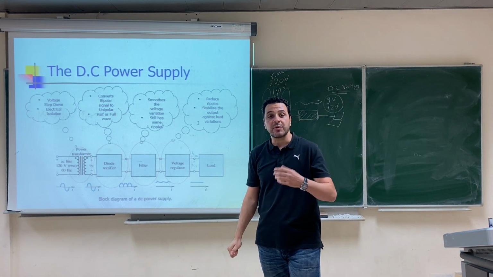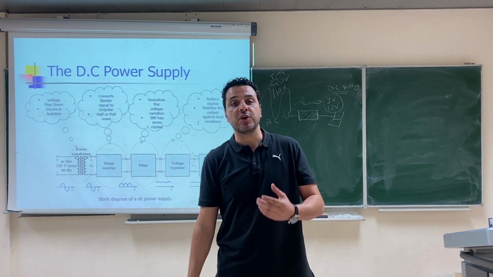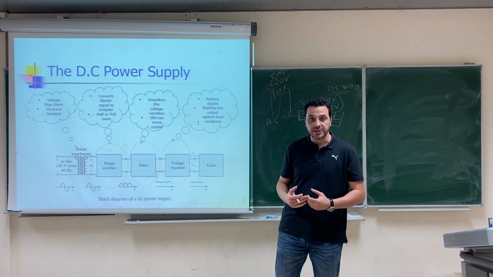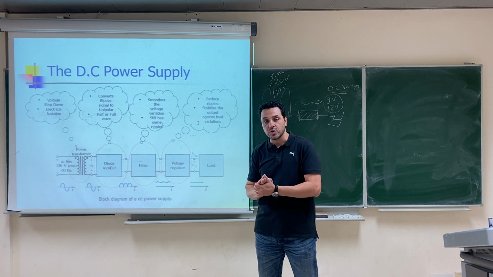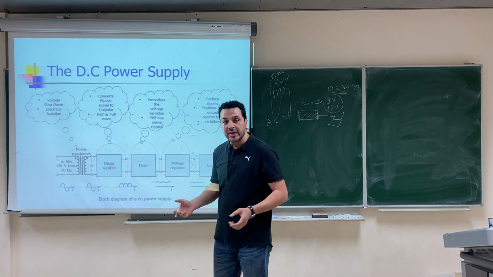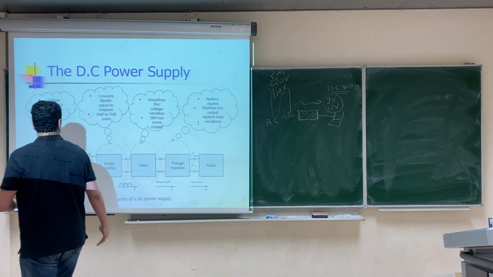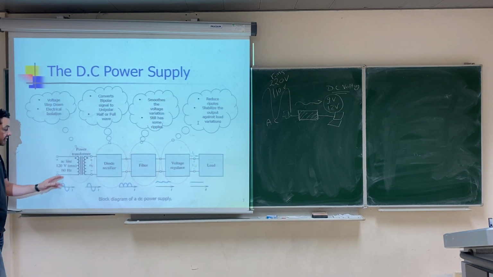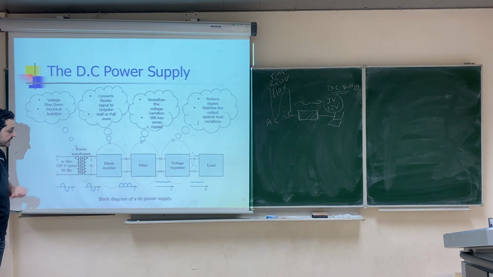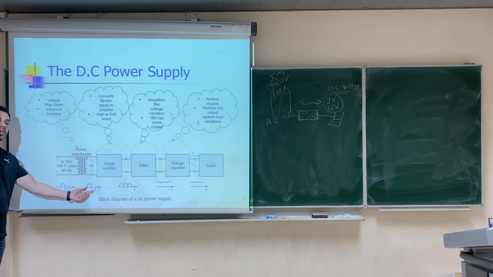So how can we convert from this AC voltage with high amplitude to a DC voltage with low amplitude? This is the topic that we are going to talk about today. The first stage of doing that is a transformer. The transformer converts an AC voltage with high amplitude to another AC voltage in the secondary of the transformer, but with low amplitude.